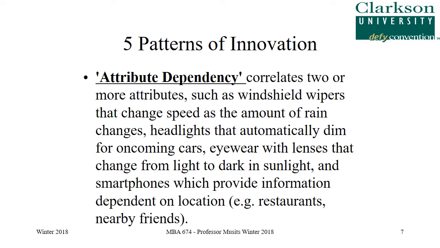Now, I'm sure the person who invented the rain sensor wasn't thinking of that in the beginning. Maybe it was some agricultural application they were working on, or some other manufacturing or process control sensor, and they combined it this way. Or headlights that automatically dim for oncoming cars, right? There's some sort of sensor up there someplace in your car that can sense an oncoming headlight and automatically dims your headlights.